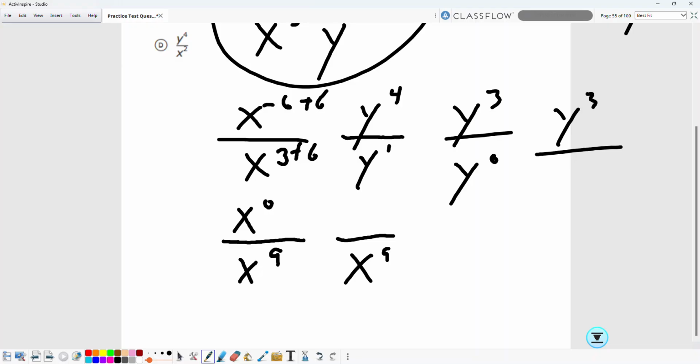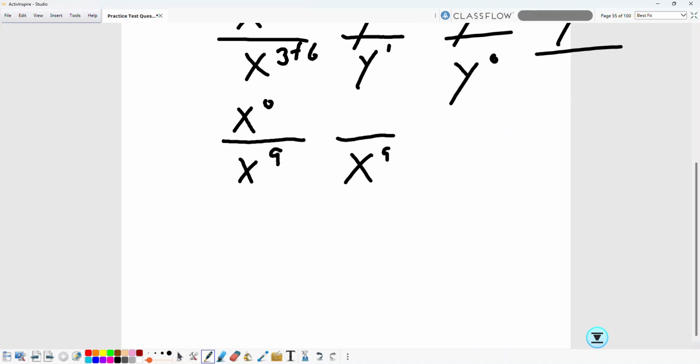Normally that's a problem. But let's put things together. If I have an x to the ninth in the denominator, and I have a y to the third in the numerator, that is a legitimate fraction.